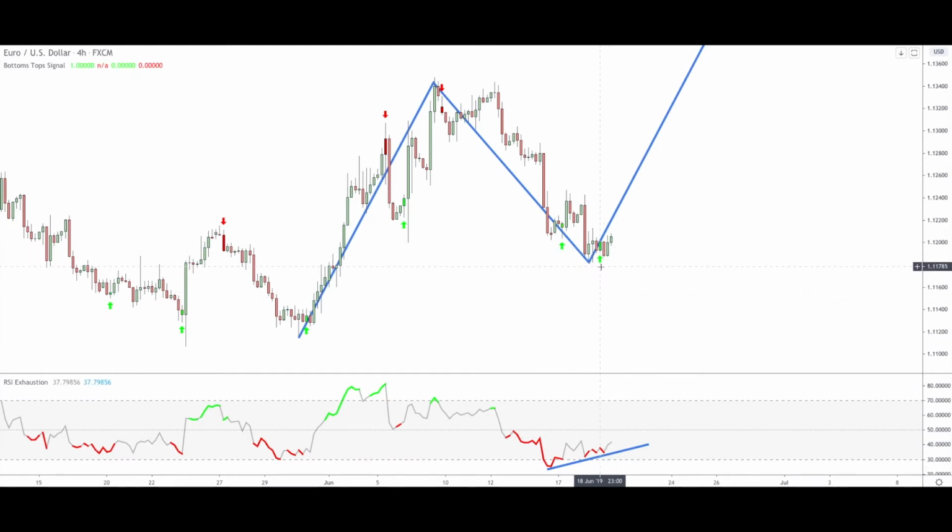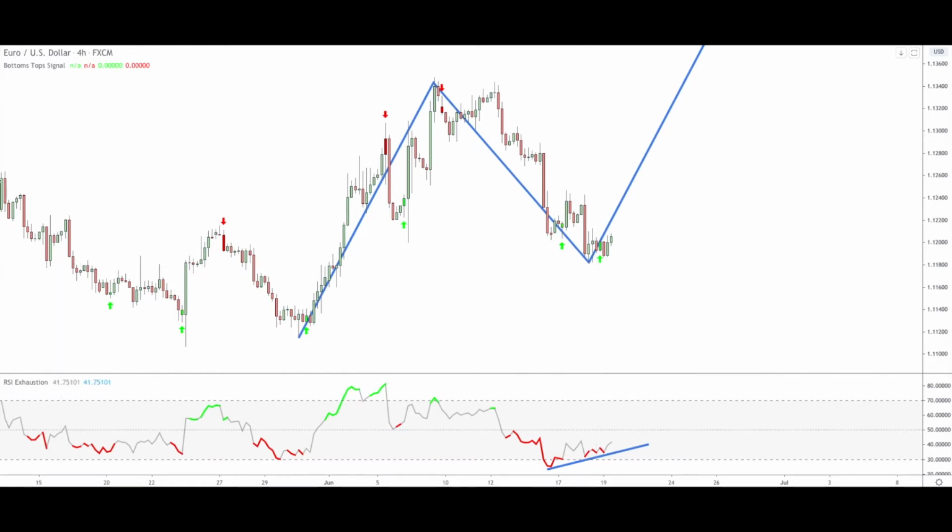And the bottom is the third rule. So the first rule is to have divergence between the price and the RSI, and we have it. The second rule is to have the RSI exhausted, and the third rule is to have a bottom. And we have all these three rules.